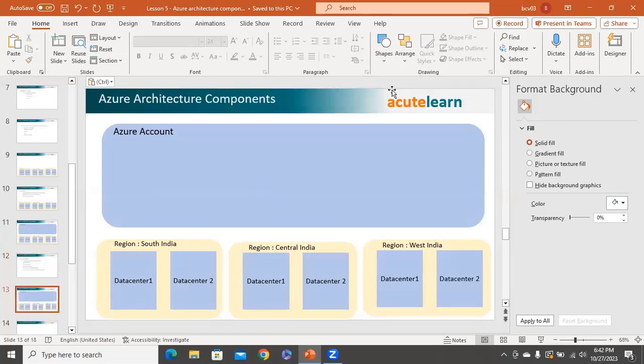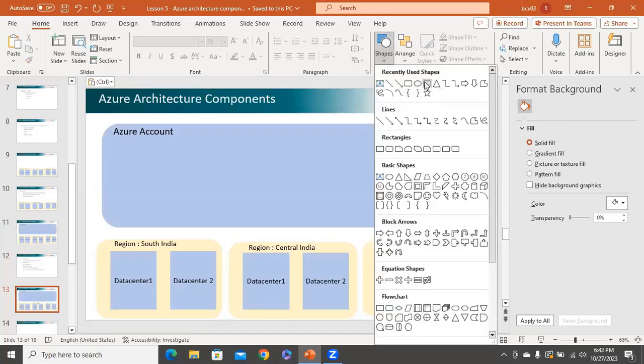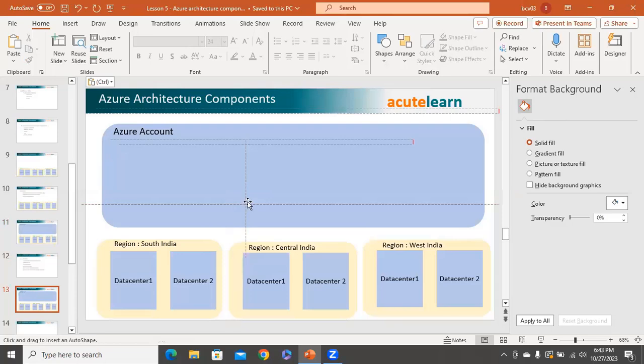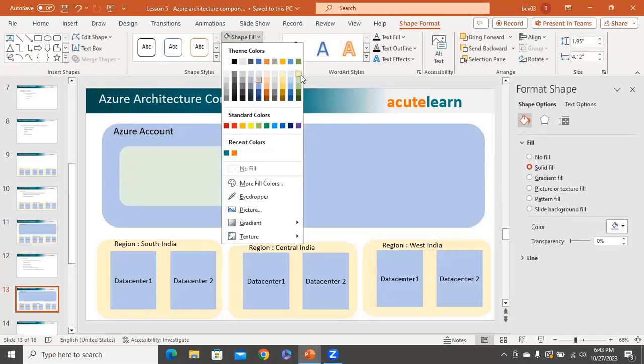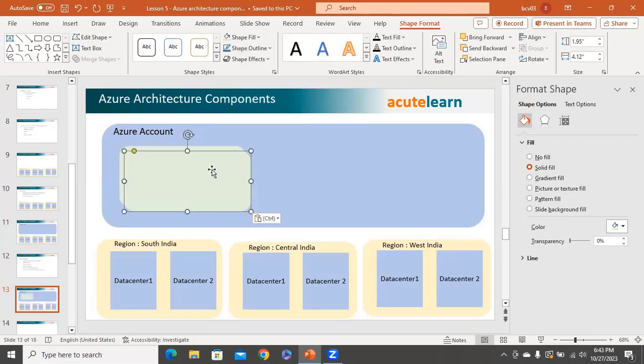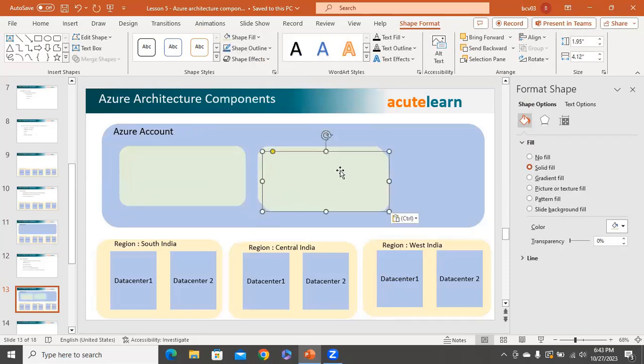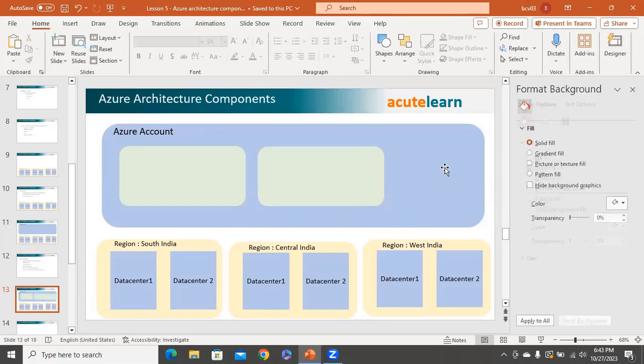So within the Azure account, these are my subscriptions, and multiple subscriptions can be created. I'll take two subscriptions.